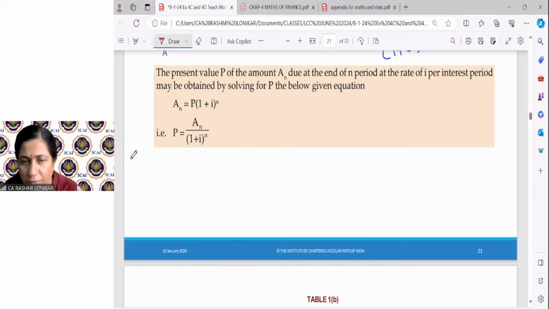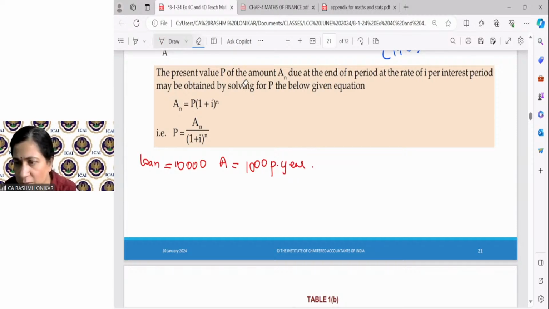See, what have they given us? The loan is 10,000. What is the annuity that I'm paying? 1,000 per month, per year, sorry, per installment. Let me not confuse you.